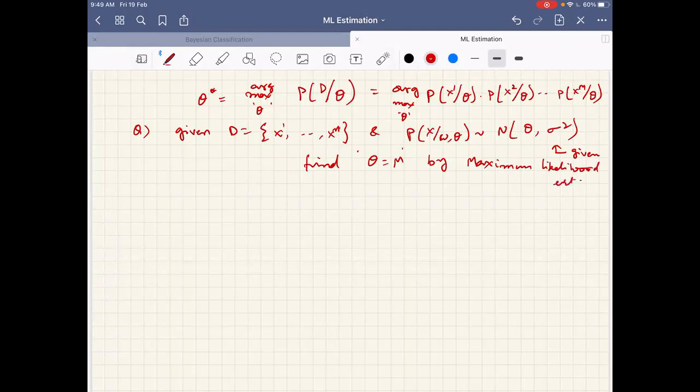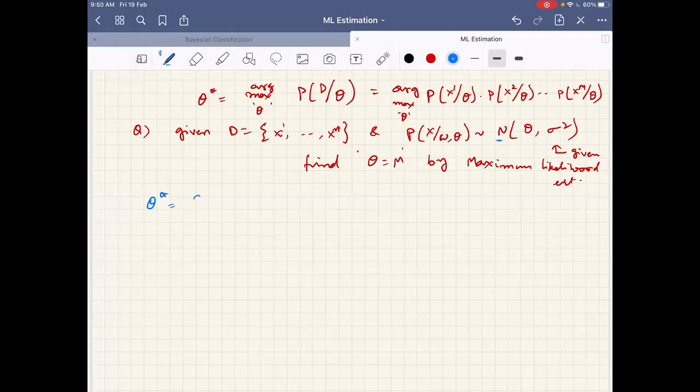Okay, so let us try to expand and solve this to make things clear. What we said is we have to maximize, theta star we need to find by maximizing. In most cases we take a Gaussian density, or an exponential density also is e power of something.